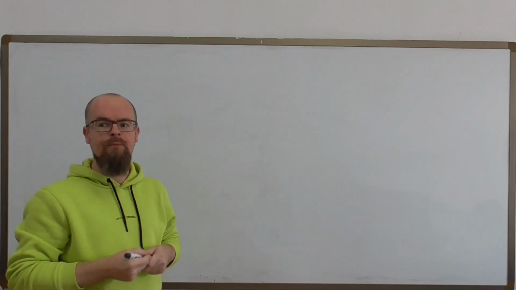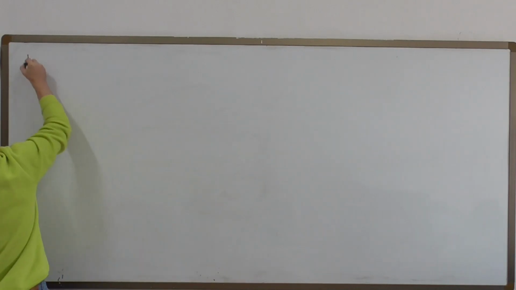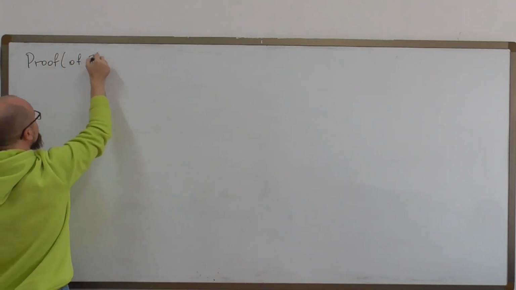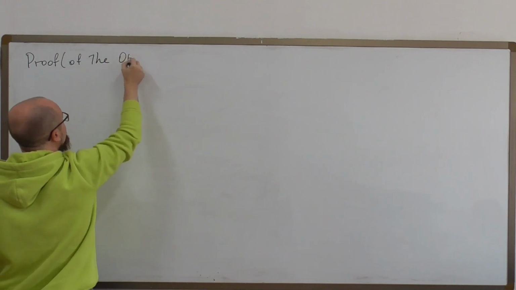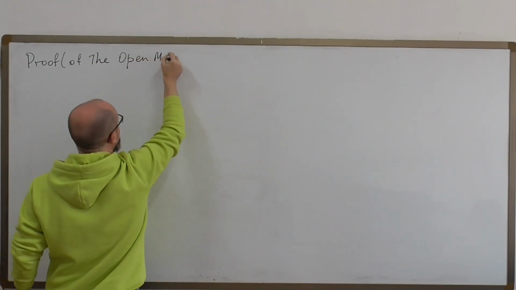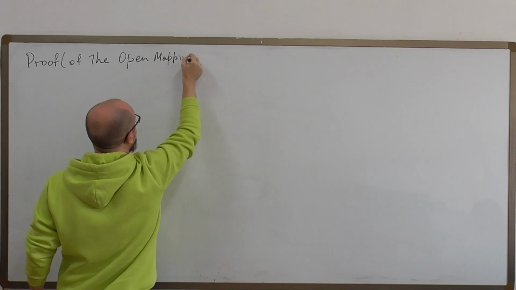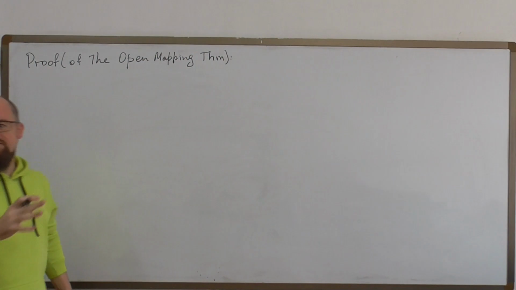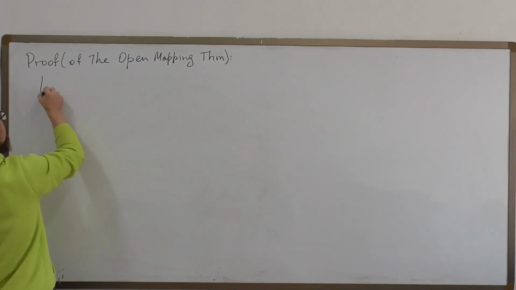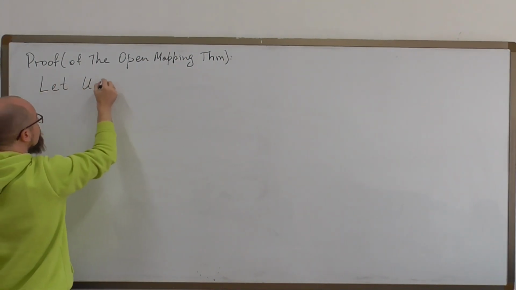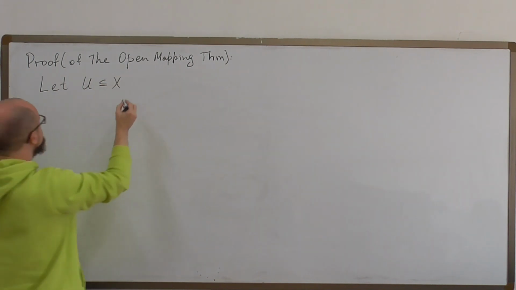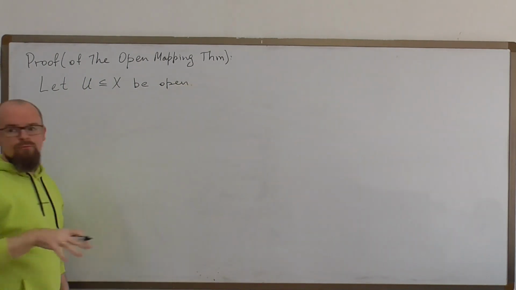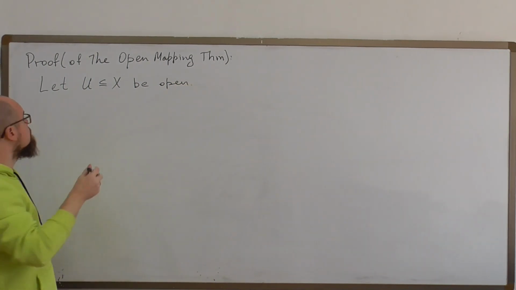Let us now prove the open mapping theorem. Let us take an open set U from X, and we want to prove that the image of this set U is open as well.